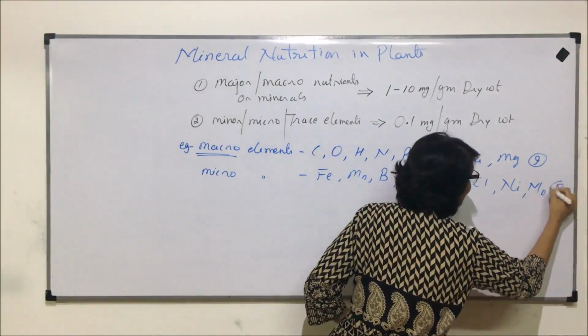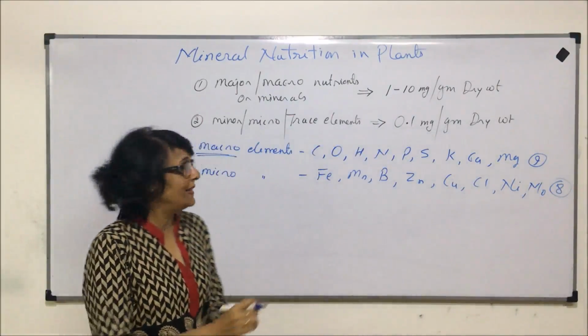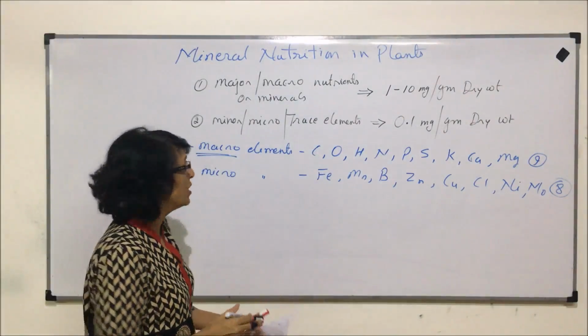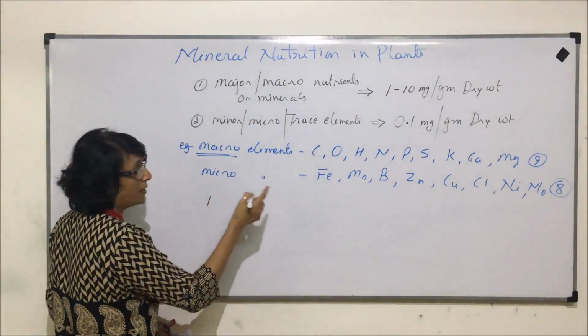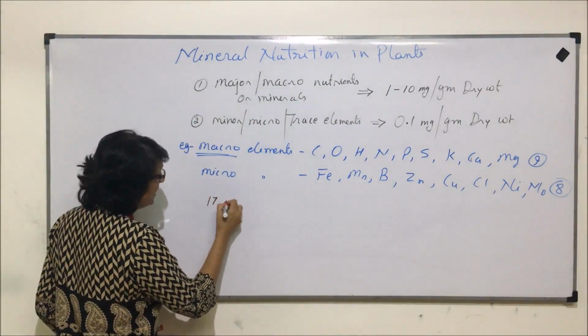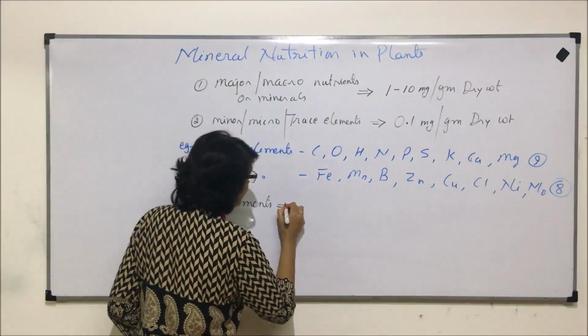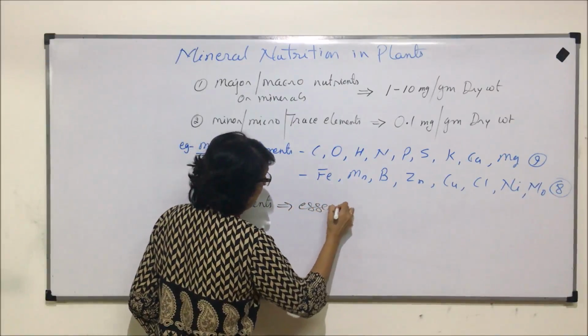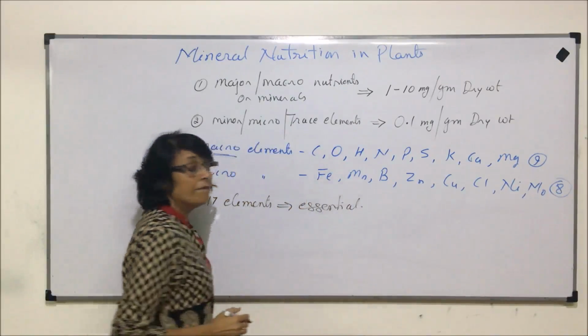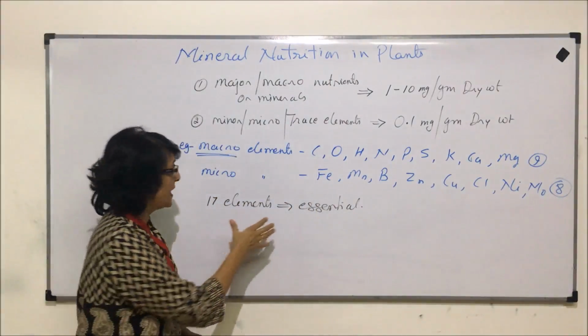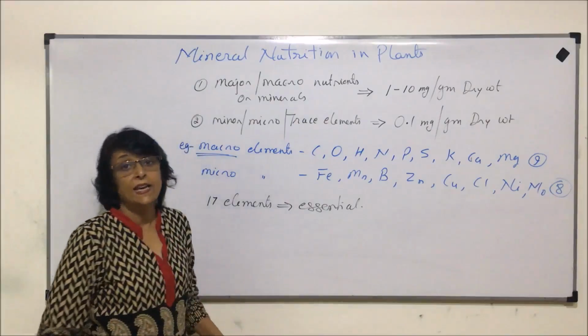That is 8. So these 8 and these 9 are considered as essential elements. So these 17 elements are considered as essential. We will also talk about the criteria on the basis of which these elements have been considered as essential.